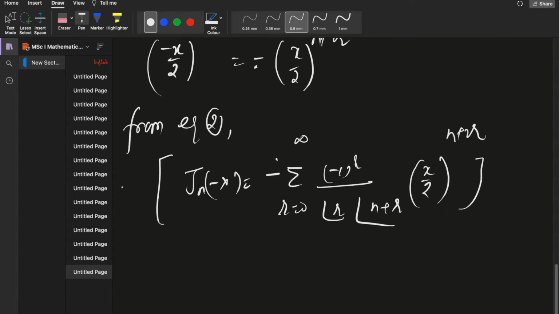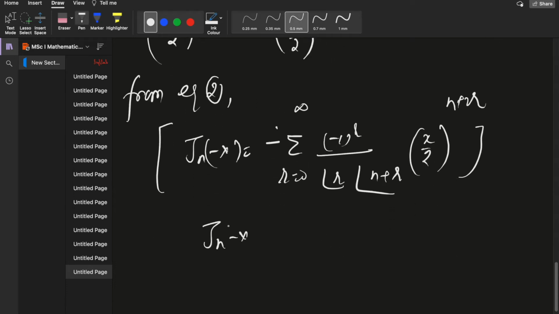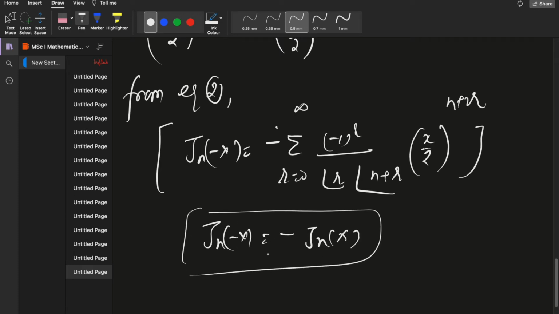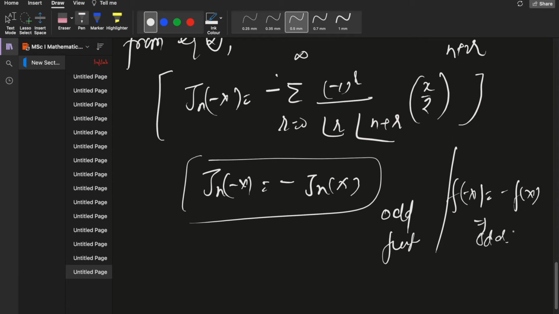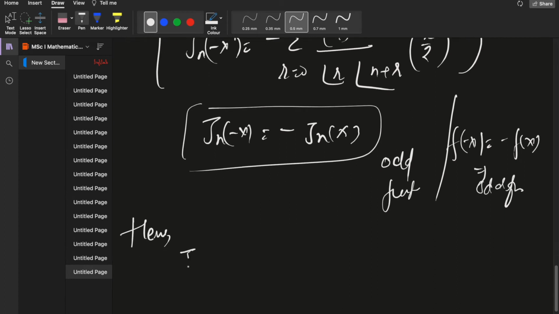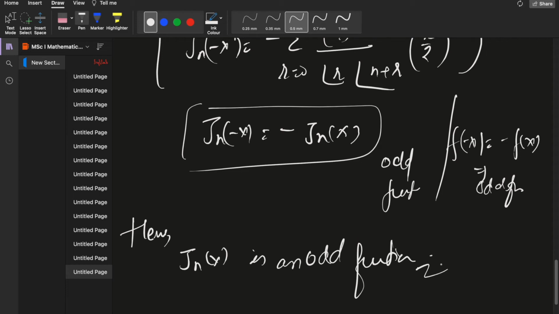So Jn(-x) gives me minus Jn(x), which shows that it is an odd function. Just remember, f(-x) equal to minus f(x) is an odd function. Hence we can say Jn(x) is an odd function. Good.